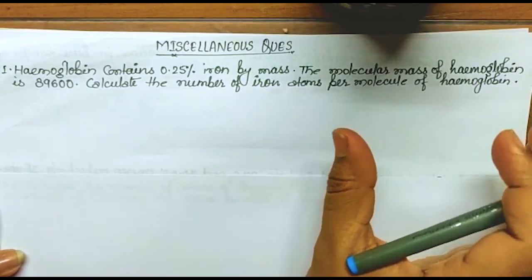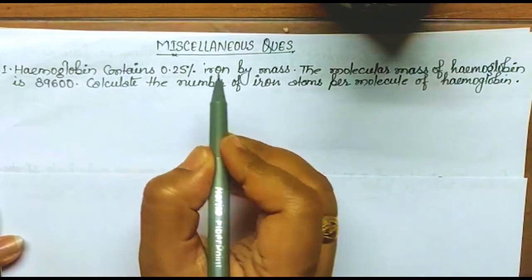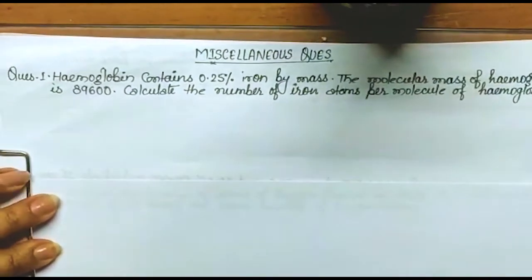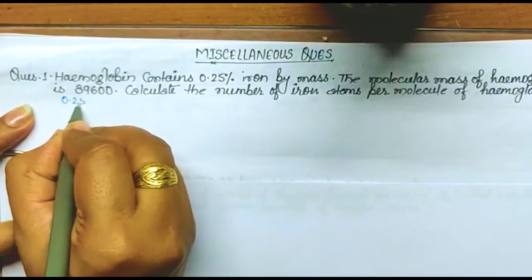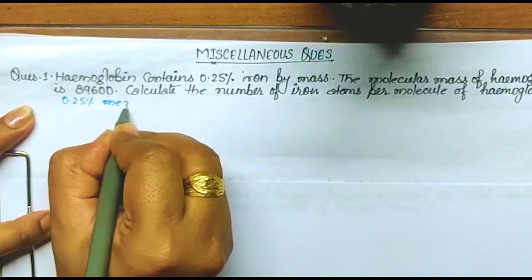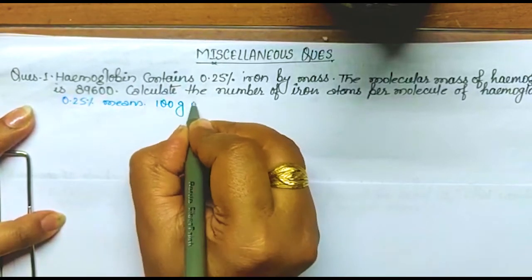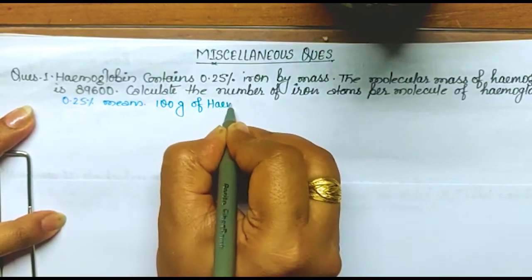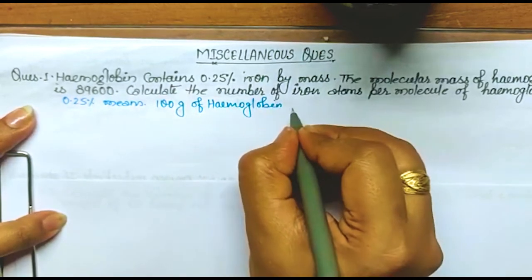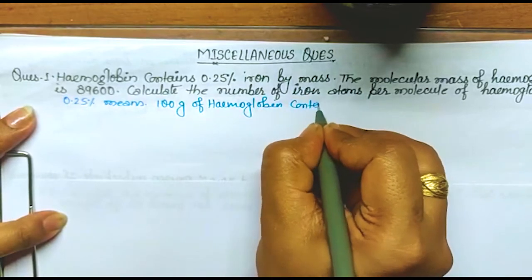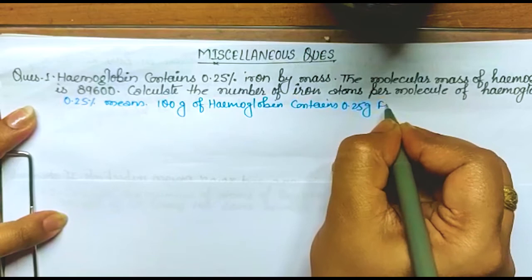We have to find the number of iron atoms per molecule of hemoglobin. Is it clear? So first we will write what 0.25% iron means. 0.25% means 100 gram of hemoglobin contains 0.25 gram of iron, isn't it?